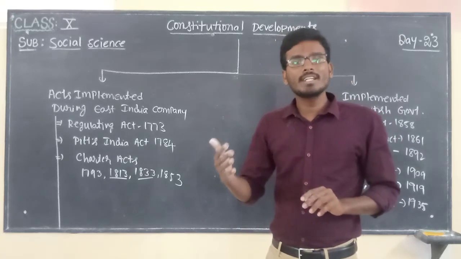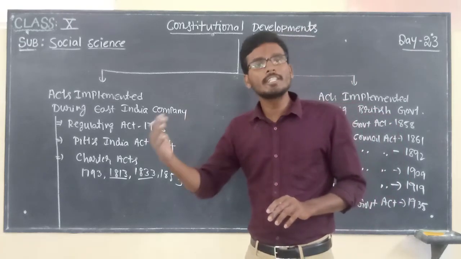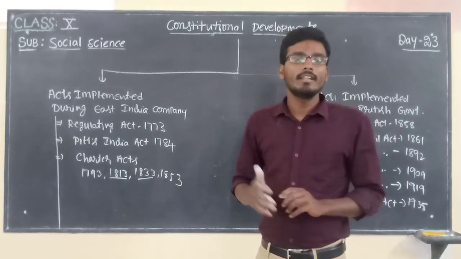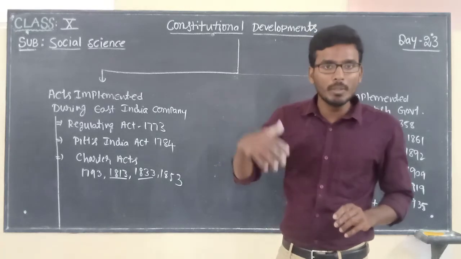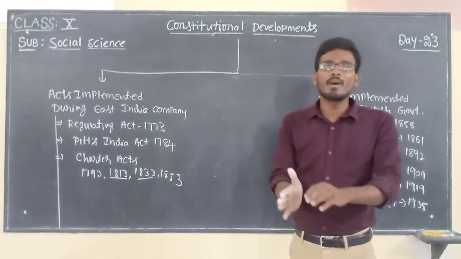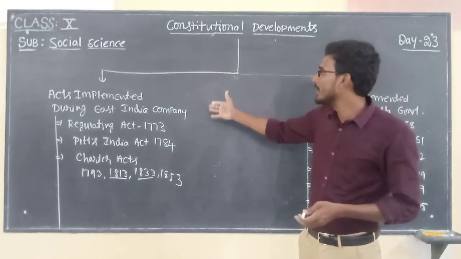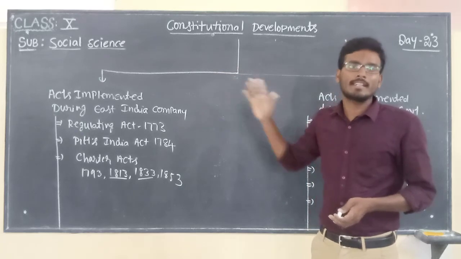Due to the struggles led by the Indian leaders against the British government, the British realized they had to implement some acts which are in favor of Indians. The result itself is the implementation of these acts.